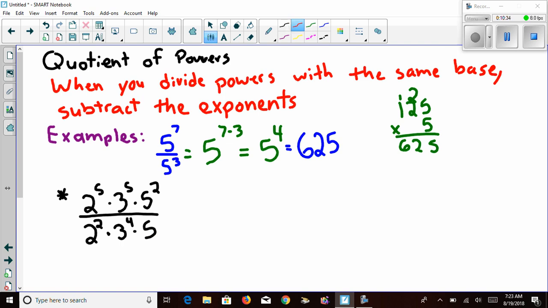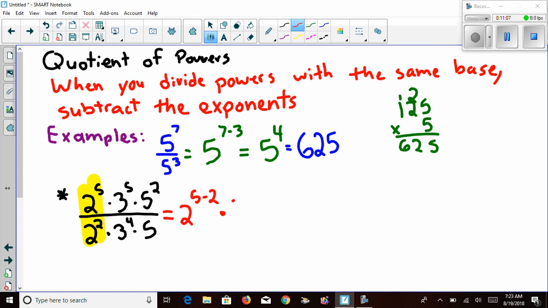The way you want to look at this is simply to focus on like bases. So let's go ahead and simplify this down, and then we'll solve it. I'm going to start with the like bases of the 2. It's 2 to the 5th divided by 2 squared, so I will subtract 5 minus 2 for my new exponent.